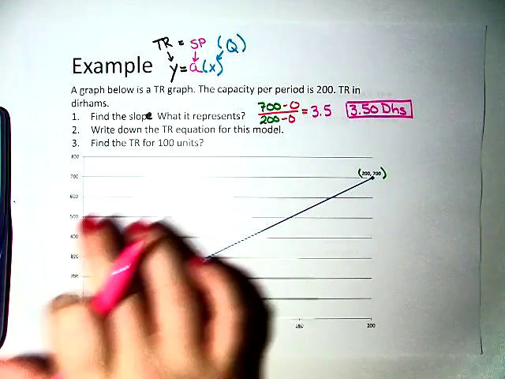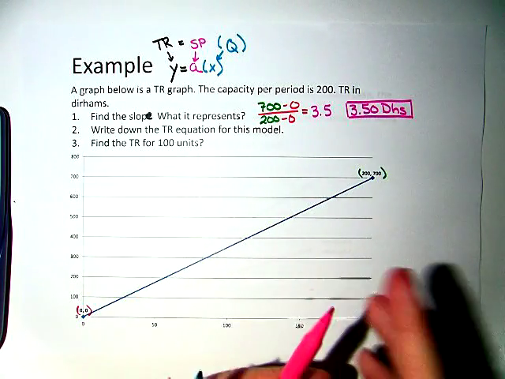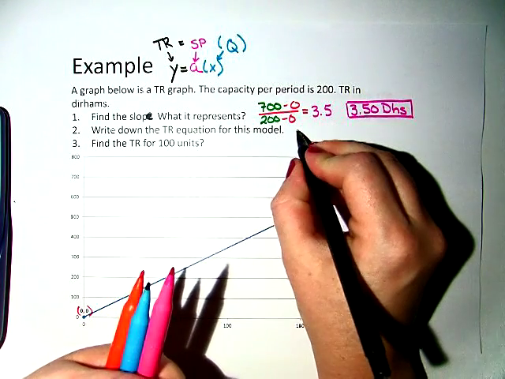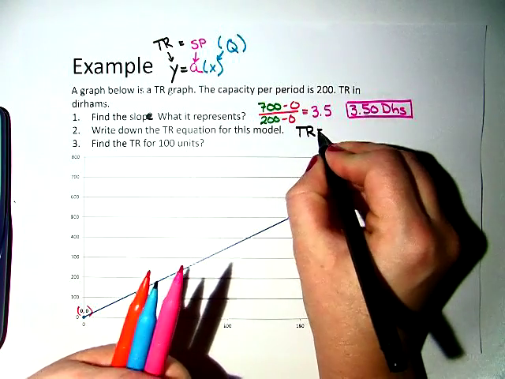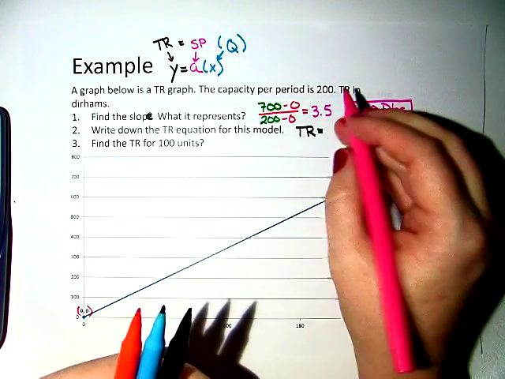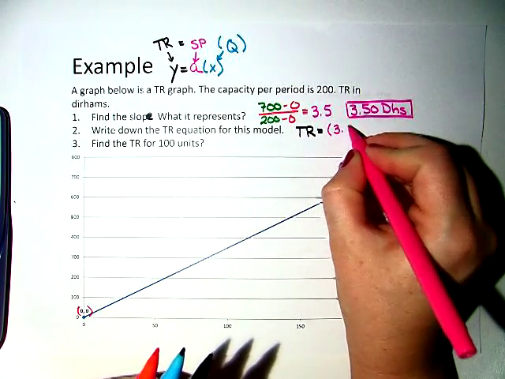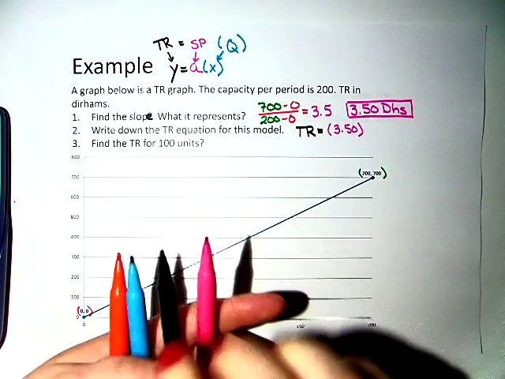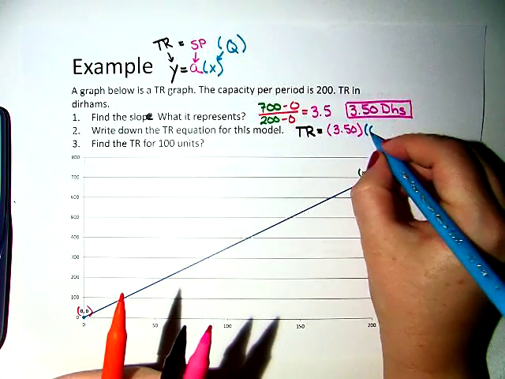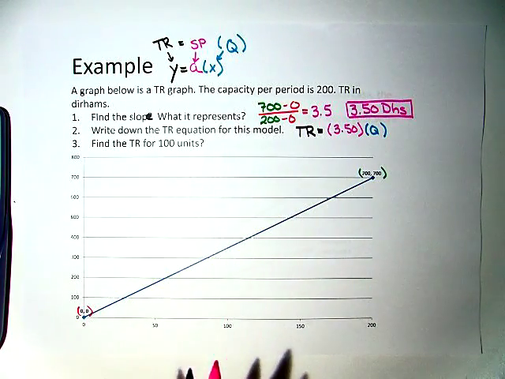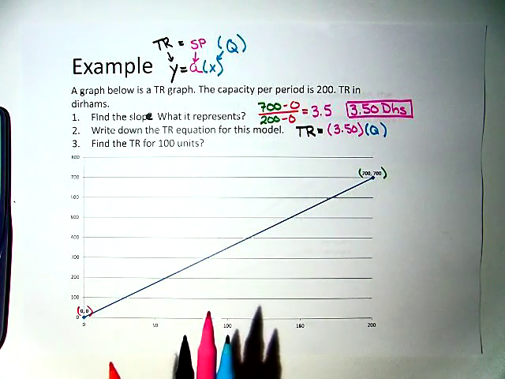Okay, write down the TR equation for this model. Okay, so for this, we're going to do TR equals 350 times my quantity. Find the TR for 100 units.